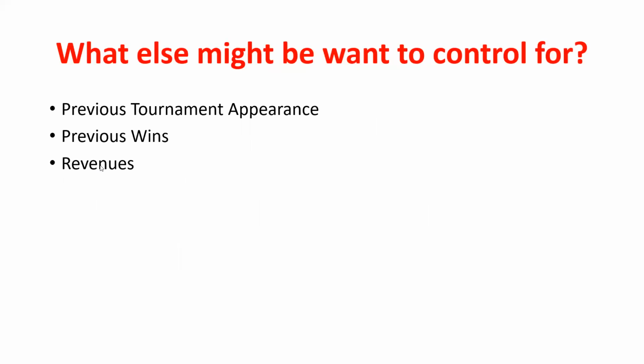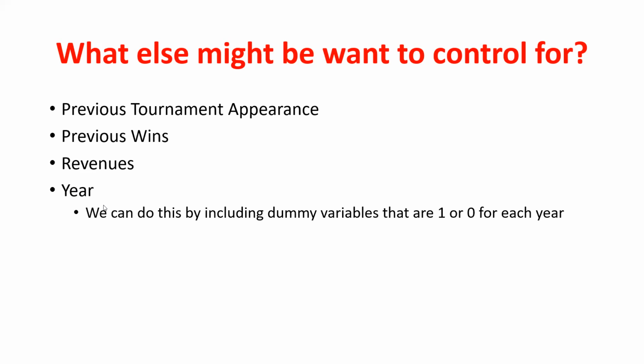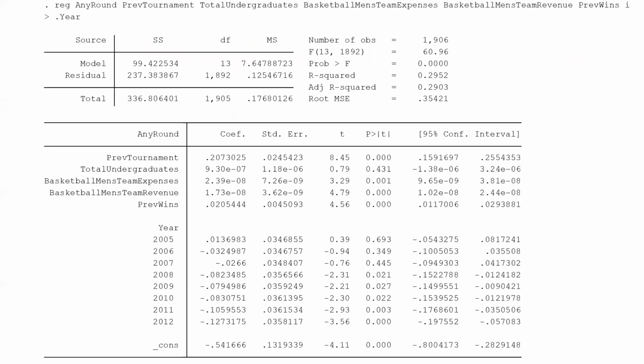If I have higher revenues, I may be able to increase my expenses even more, so maybe this is an important omitted variable as well. So I can control for the revenues those schools are making, and what year it was. Maybe there were some years where you had dominant players, or a bad year for revenues, and so I might want to control for that as well.